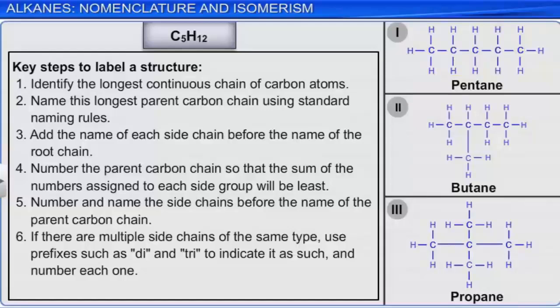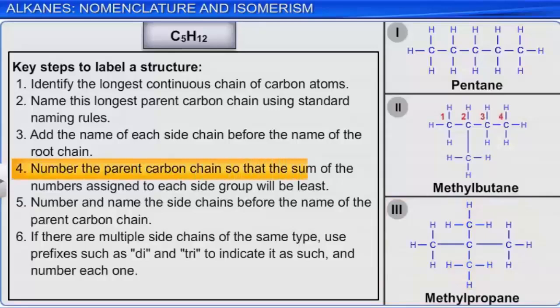Now, in structure 2 and 3, add the name of each side chain before the name of the root chain. So, in structure 2, we add methyl before butane, and in structure 3, we add methyl before propane. Now, number the parent carbon chains so that the sum of the numbers assigned to each side group will be least.